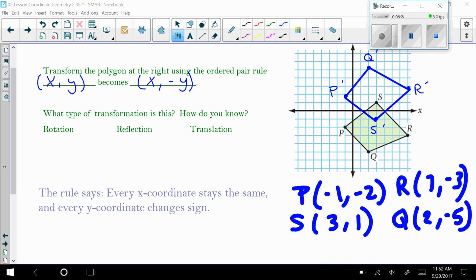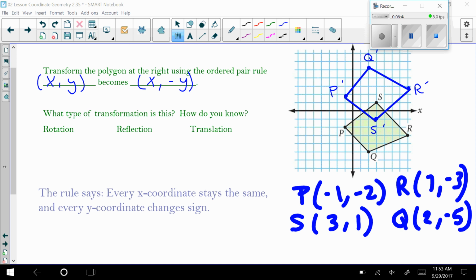So looking at our original figure and then our image, after we connect all of the points of our image to form our image figure, what type of transformation is this? This rule says that every x coordinate stays the same and every y coordinate changes sign. So we applied that rule and we graphed our new image.